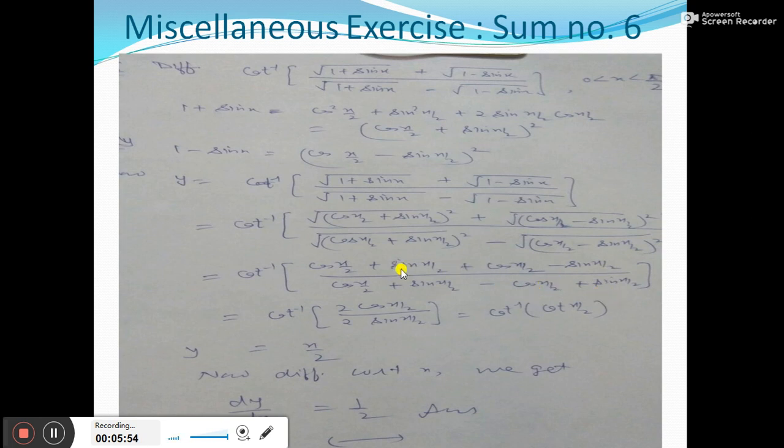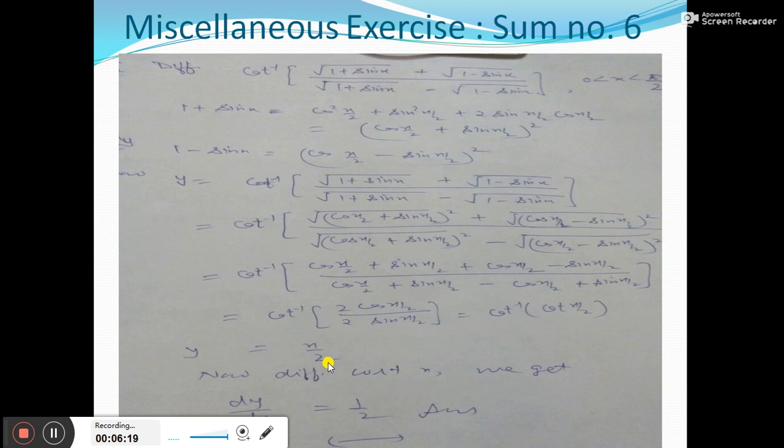And in the numerator we have to cancel this sin x by 2, plus and minus sign will be there, and in denominator cos x by 2 minus cos x by 2. Cancel the like terms, we have cotangent inverse of 2 cos x by 2 upon 2 sin x by 2, and therefore it becomes cotangent inverse cotangent of x by 2, that is equal to x by 2.